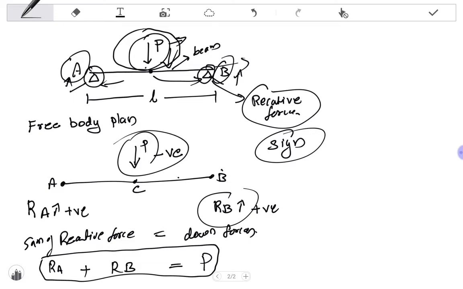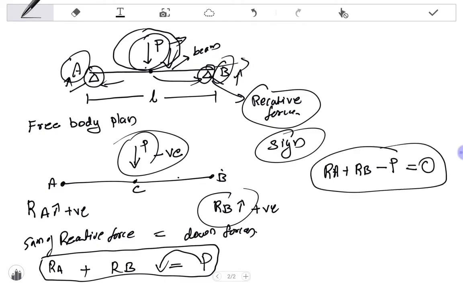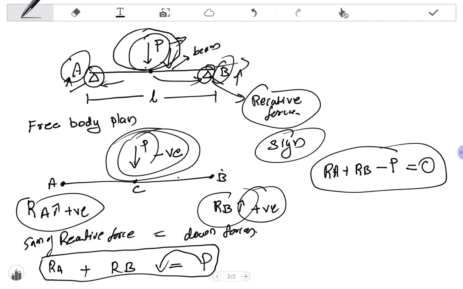to keep in mind when we are solving SF and BM problems. In other words, if I take this P to the left hand side, what will happen? RA plus RB minus P is equal to 0. From this we can come to an understanding: the summation of all the forces will give answer 0.